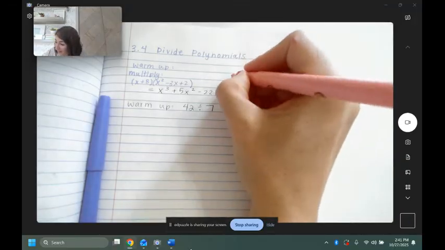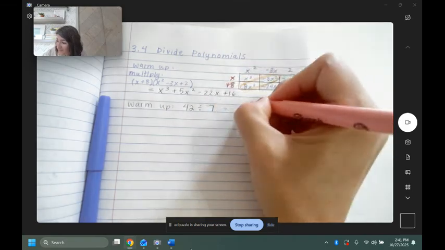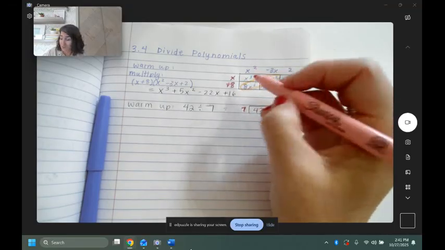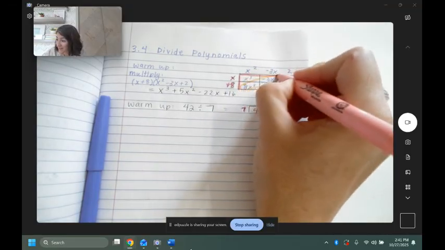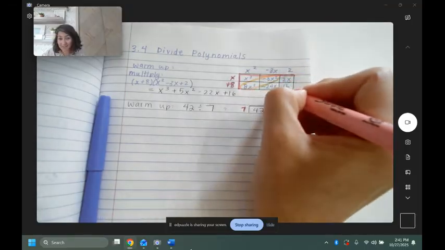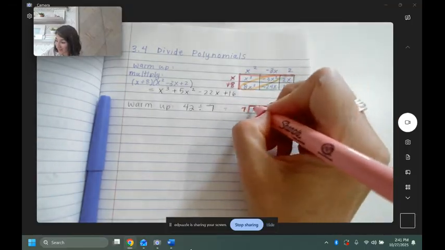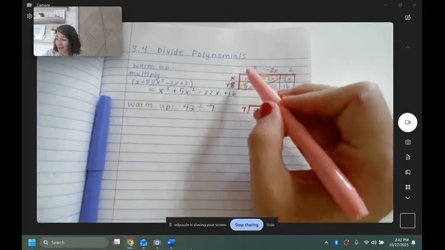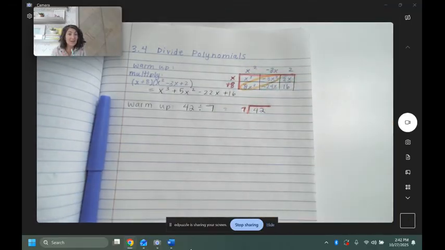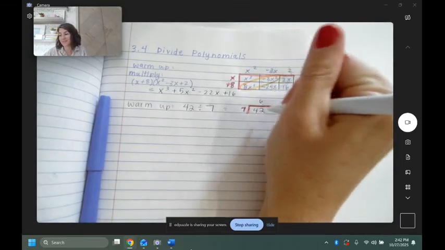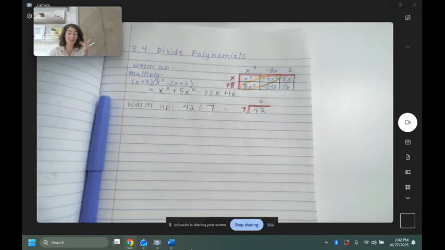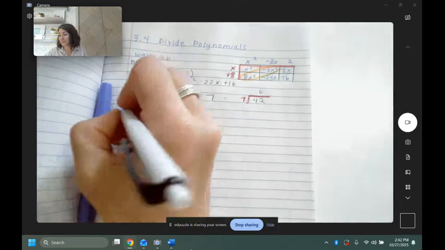Here was my x plus 8, the length or the width, divided by the answer, the area. So whatever you get on top, that's the width. That's the similarity here between division with numbers like this and polynomial division.